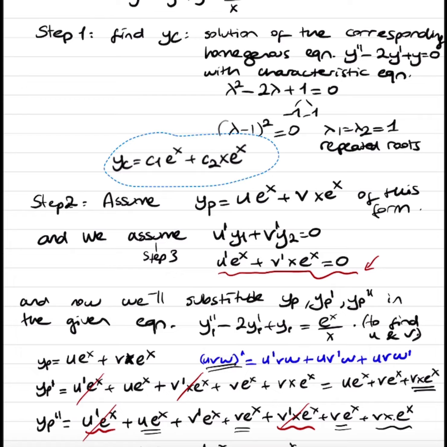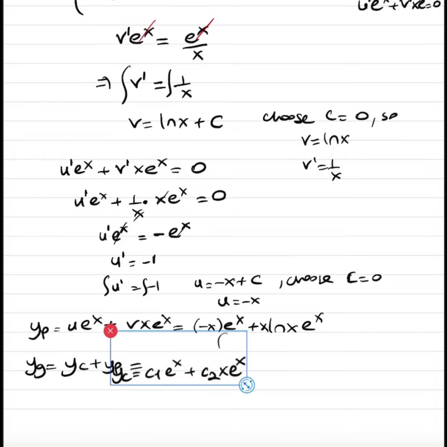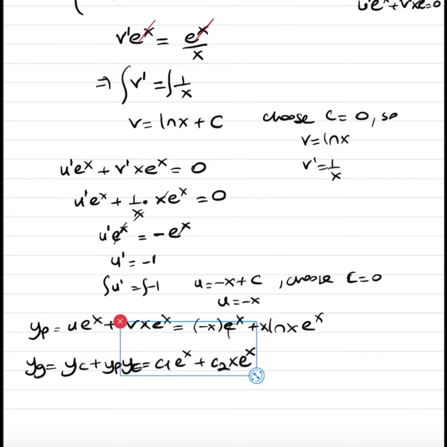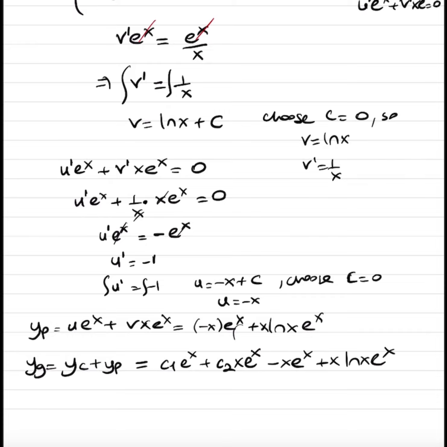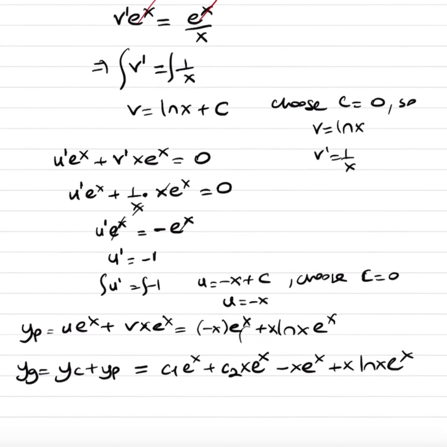Okay, I will copy it here. So this was y complementary plus y particular, so it is x minus x e to the power x plus x ln x e to the power x. So this is our general solution.